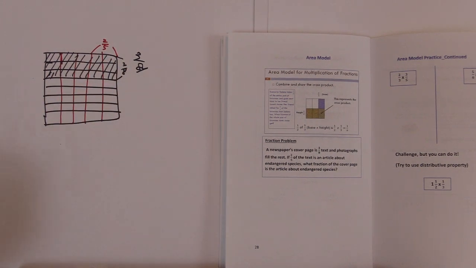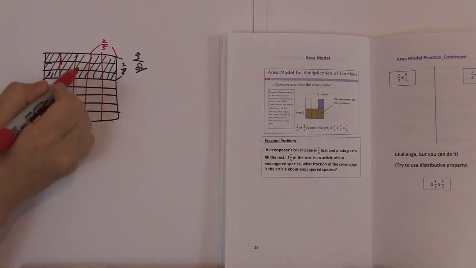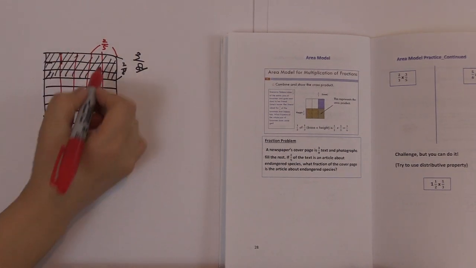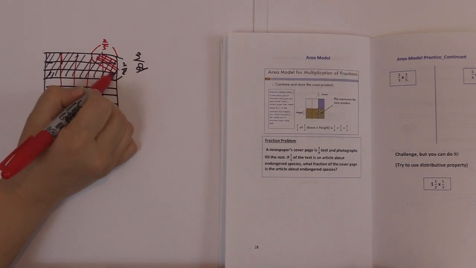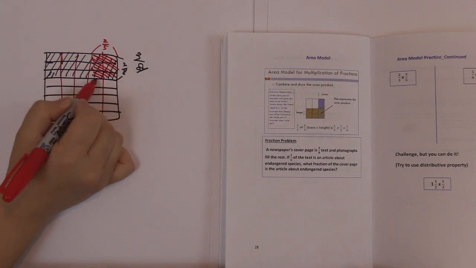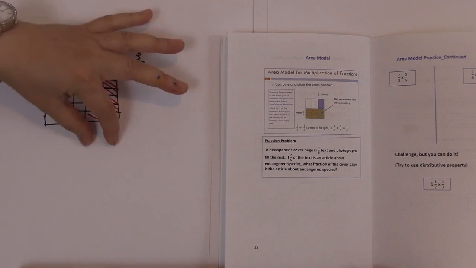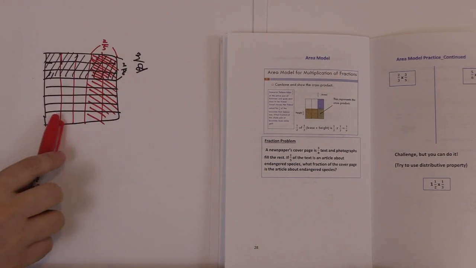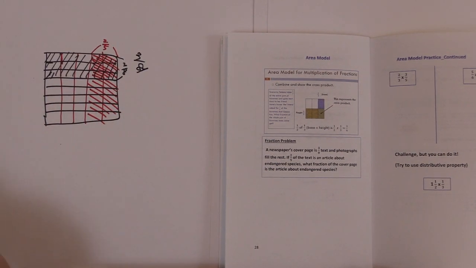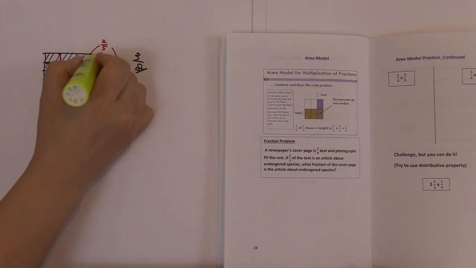Do you see how it goes? 1, 2, 3, 4, 5, and this is my 2/5. And this is my eighths. 1/8, 2/8, 3/8, 4/8, 5, 6, 7/8. And the double shaded part is here.